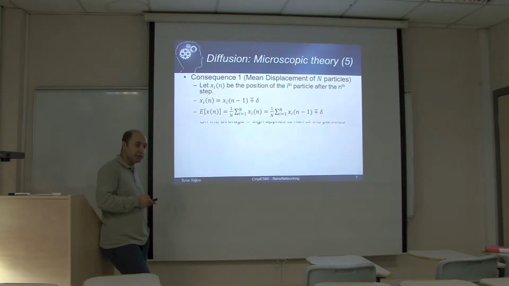But on the average, half of them will go to the right, the other half will go to the left, so I can discard this. Then I'm left with what? The expected value of the displacement of the molecules after n steps is equal to the expected value after n minus 1 steps.